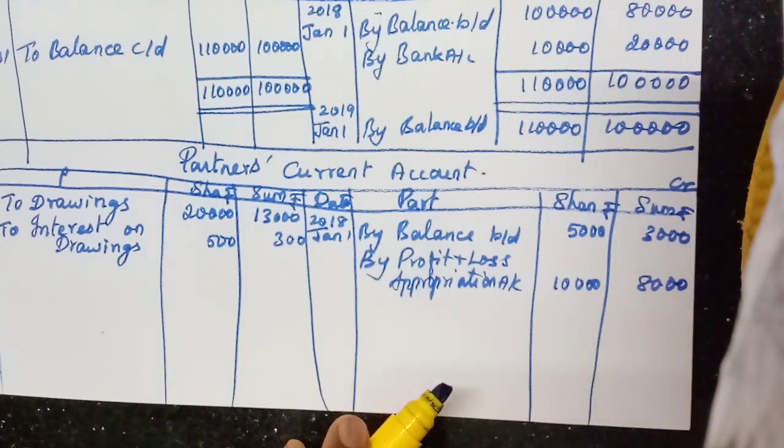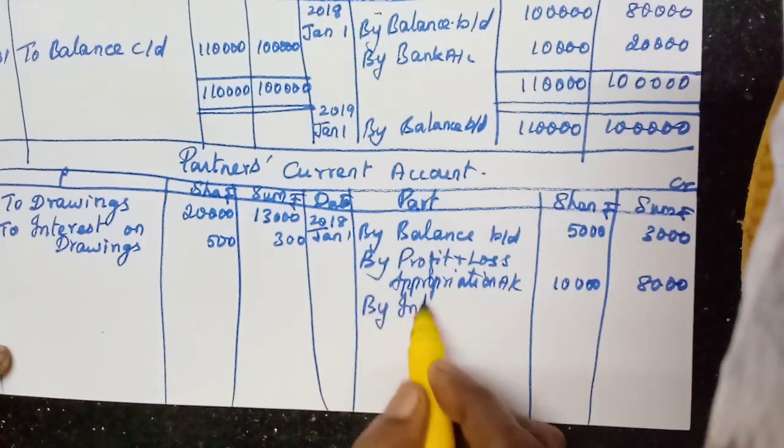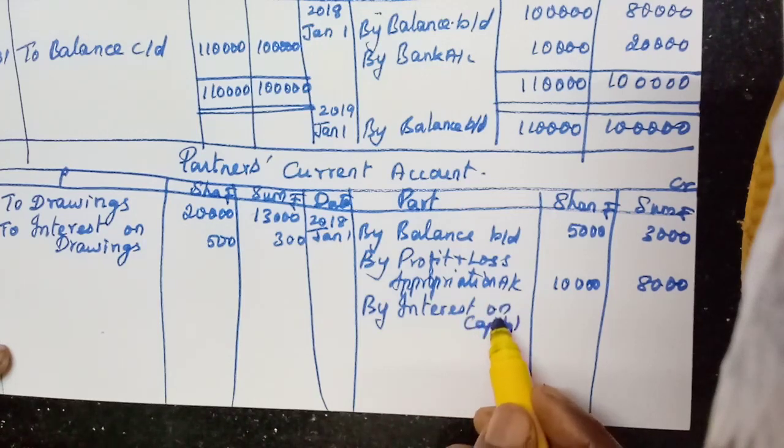Okay, the next item, interest on capital. It will increase the capital, so we need to write it on the credit side. Interest on capital, 6,300, 5,400.